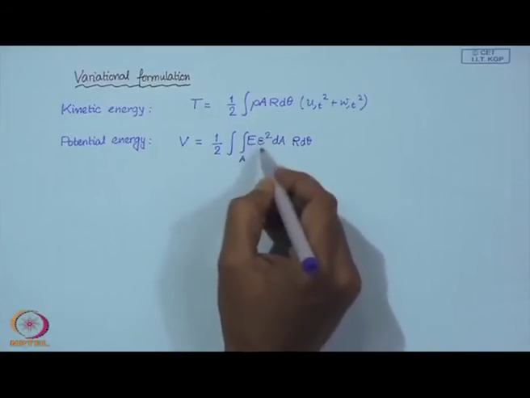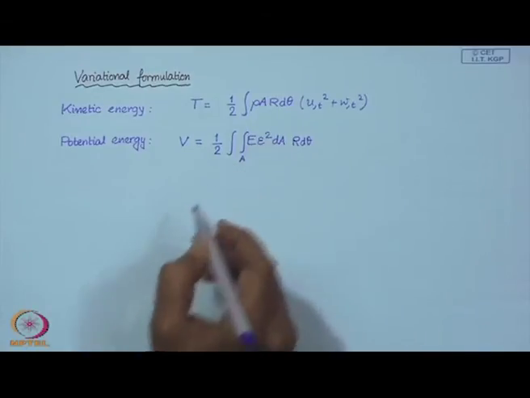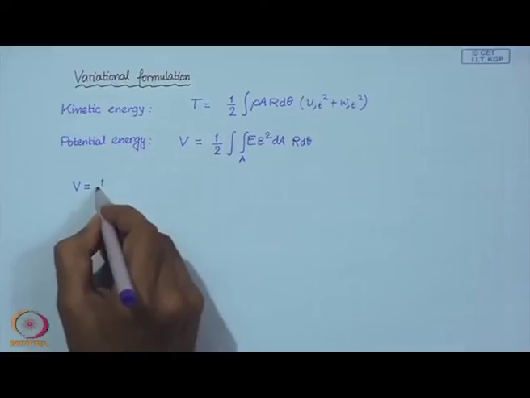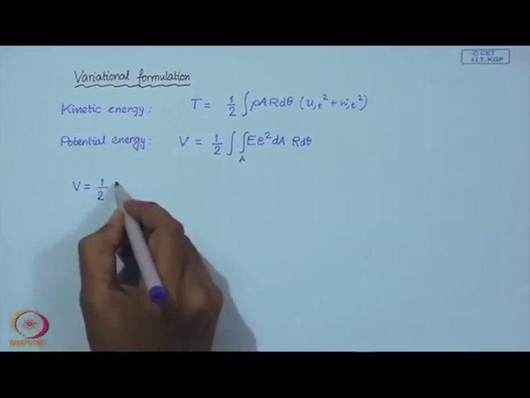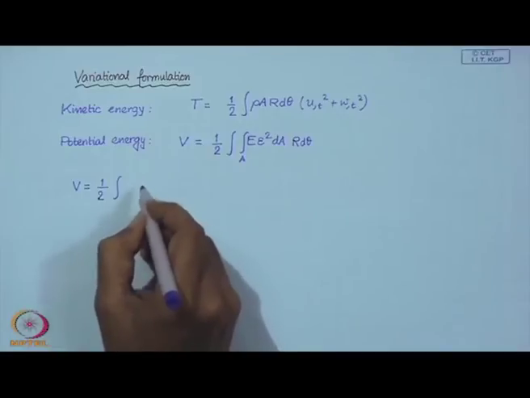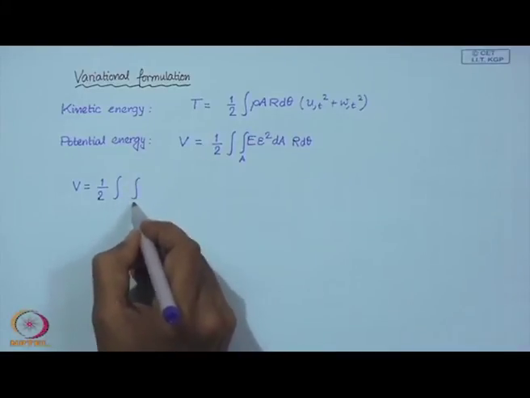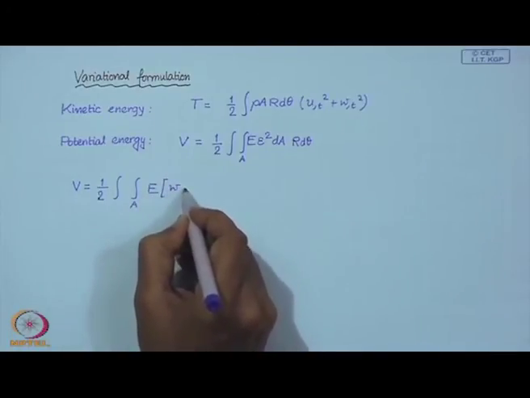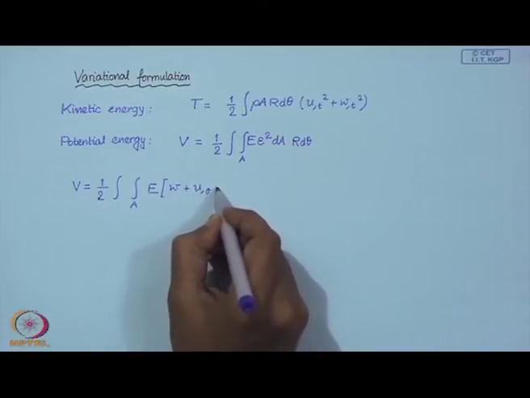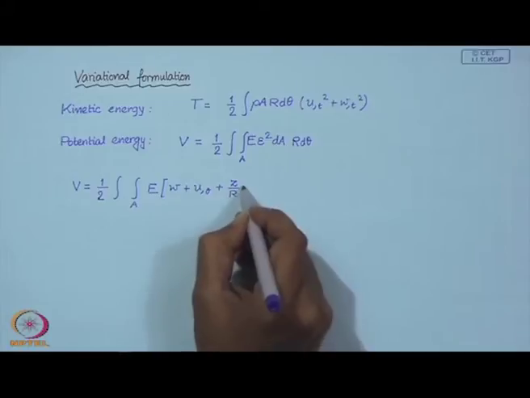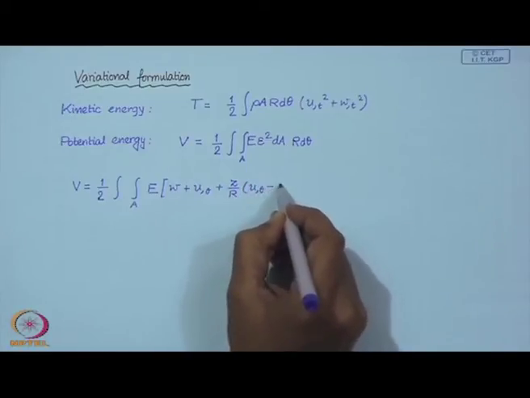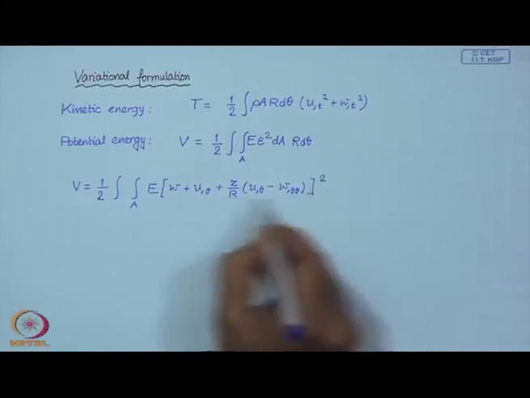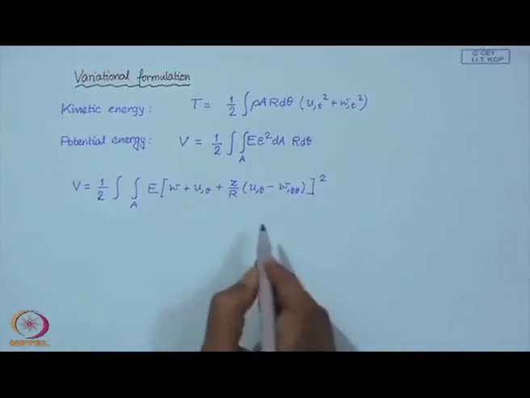Now, we will substitute the expression of this epsilon and that turns out to be, so then V. So, this bracketed term is the strain epsilon.